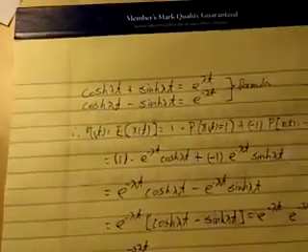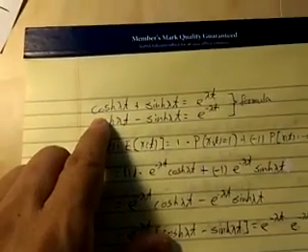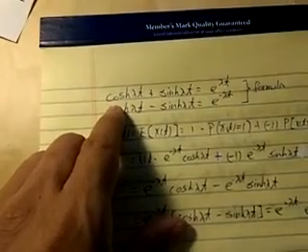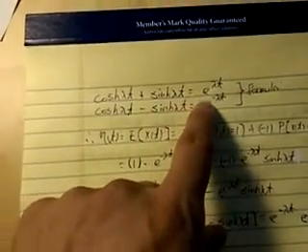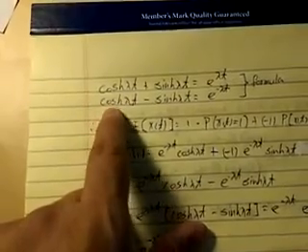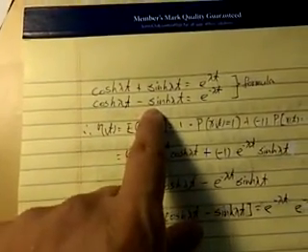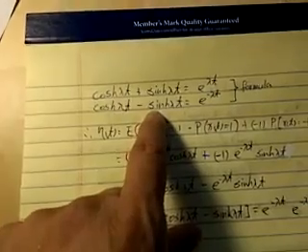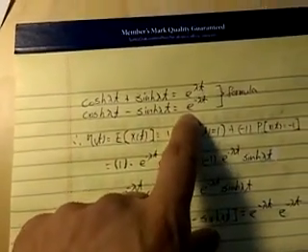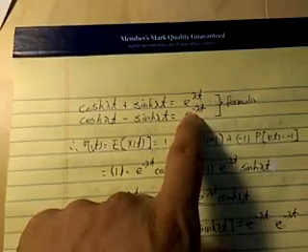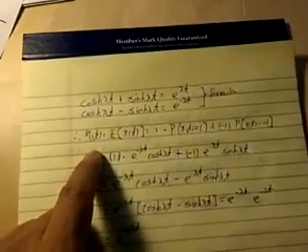So now I'm going to introduce a formula about the hyperbolic function. Cosh lambda t plus sinh lambda t equal to e to the power of lambda t. Cosh lambda t minus sinh lambda t equal to e to the power of minus lambda t. So what will be the expected value?